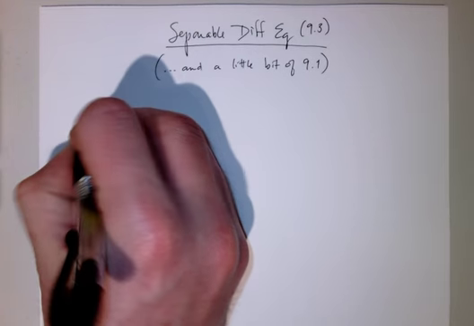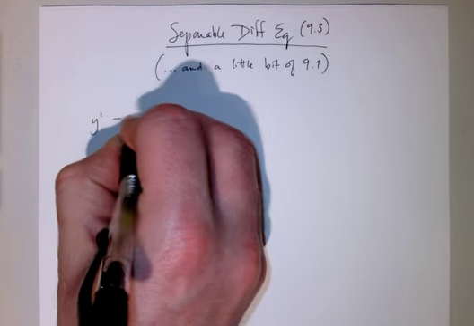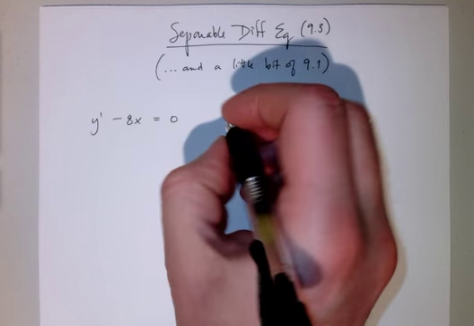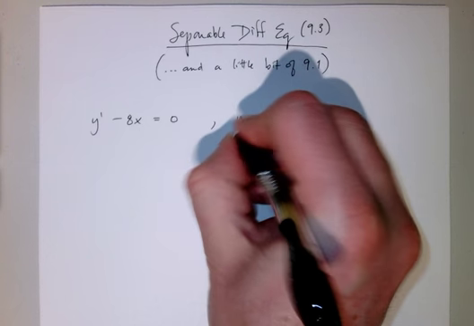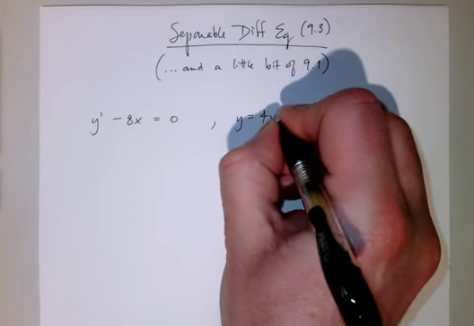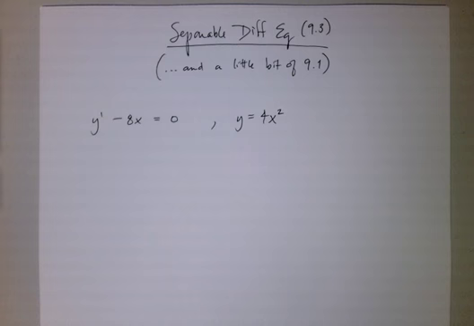So let's say we're given y prime minus 8x is equal to 0, and I want to confirm that y is equal to 4x squared is a solution to that particular differential equation, okay? Here's the thing. Very, very easy.